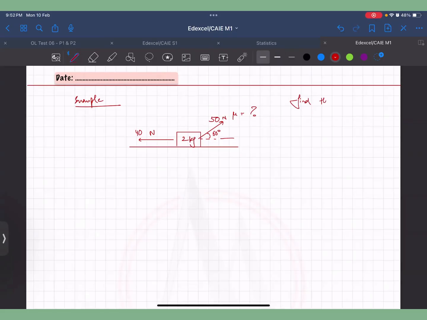Find the mu, the coefficient of friction between the object and the surface, if the object is in limiting equilibrium, or just on the verge of moving to the left.